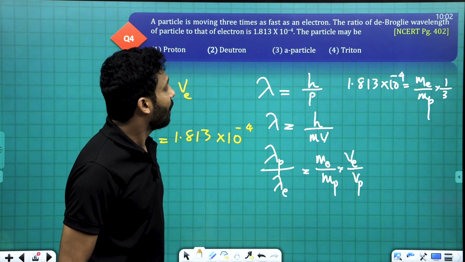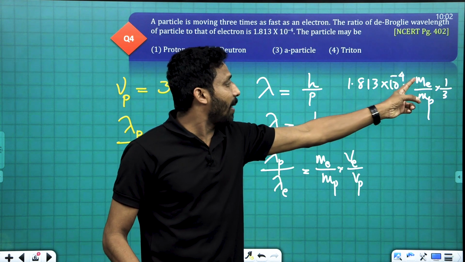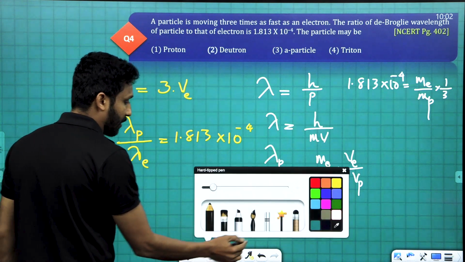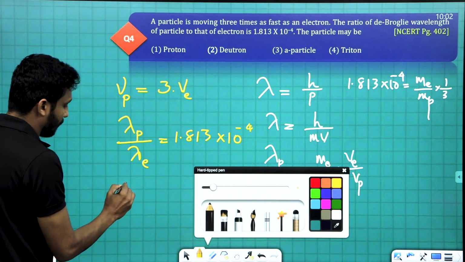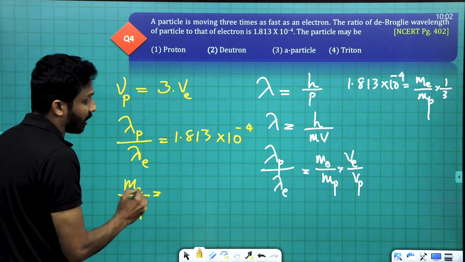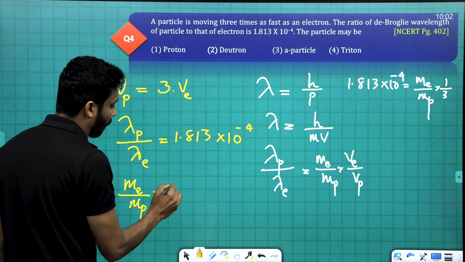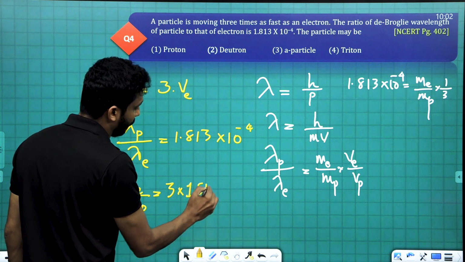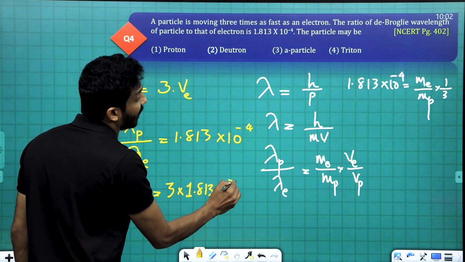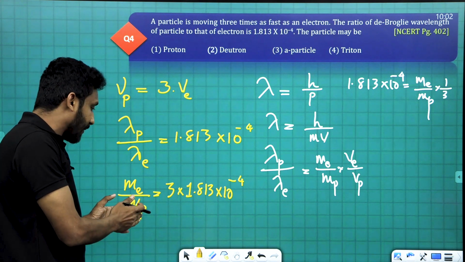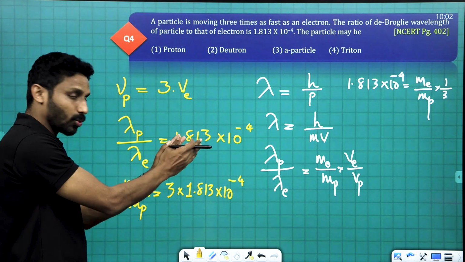Then me by mp is equal to 3 times of this one. We get me divided by mp is equal to 3 into 1.813 into 10 to the power minus 4. Clear? Then the mass of the particle goes to this side, and this one to that side.